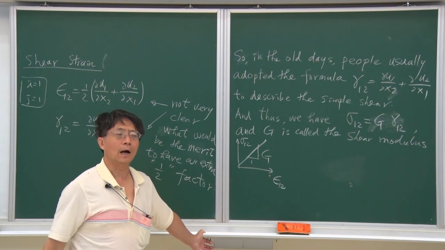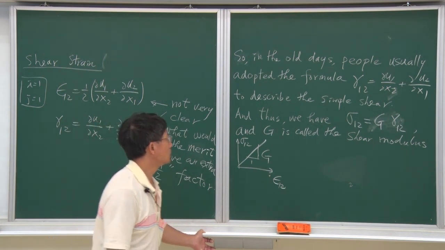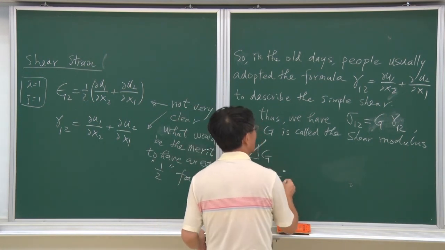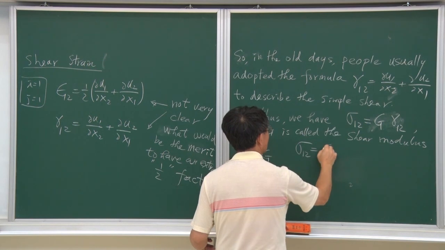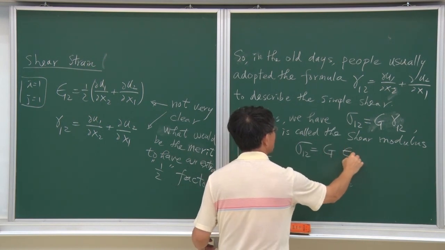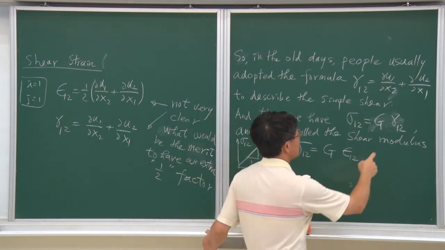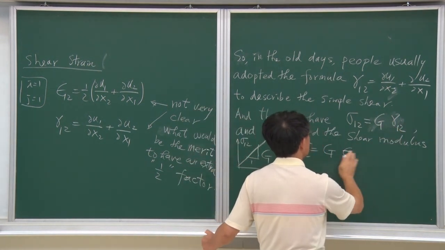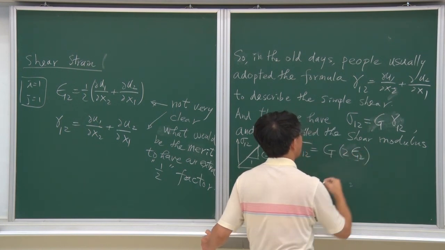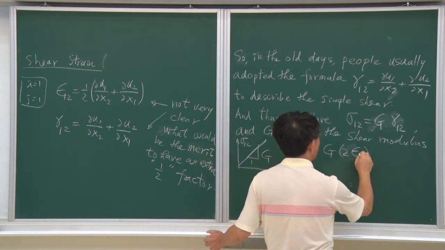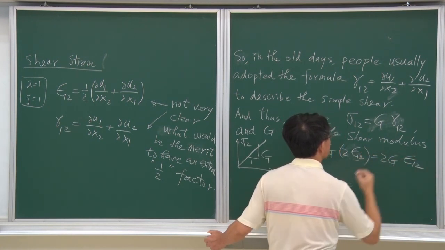Now, if we change the relation to absolute 1, 2, what happened? See, this one is 2 times of absolute 1, 2, because of the 1/2 factor. So we have 2g absolute 1, 2.